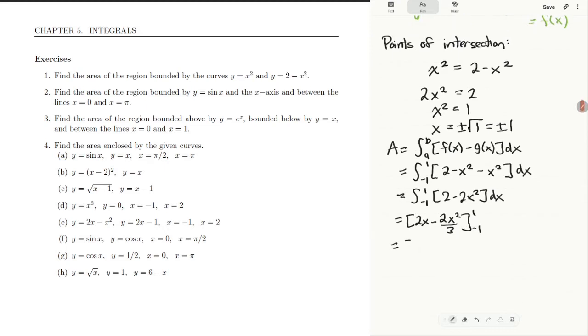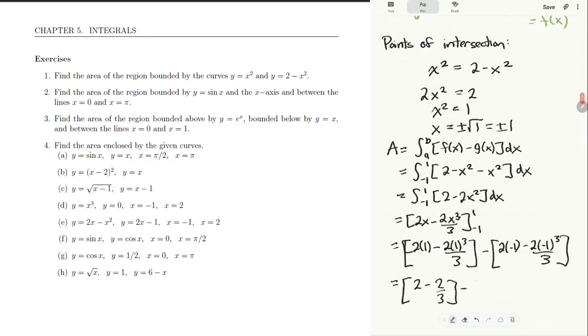So substituting 1, we get 2 times 1 minus 2 times 1 cubed over 3. And we subtract the lower limit, which is 2 times -1 minus 2 times (-1) cubed over 3. So this becomes 2 minus 2/3 minus -2 plus 2/3.